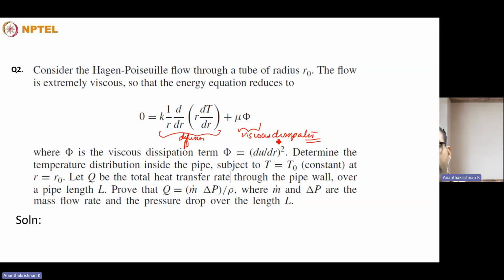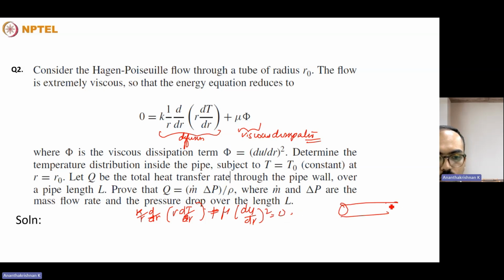As a fluid flows through this tube, it tends to heat up due to the friction, and that is a viscous dissipation term: K by r d by dr of r dT by dr plus mu du by dr the whole squared is equal to 0.